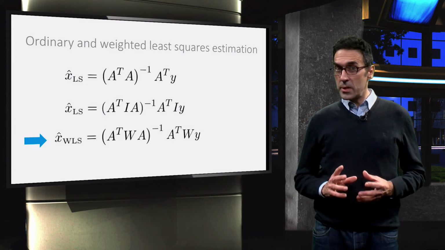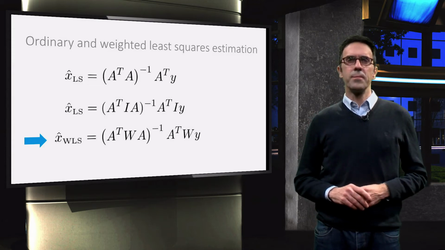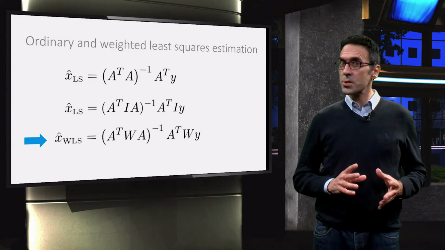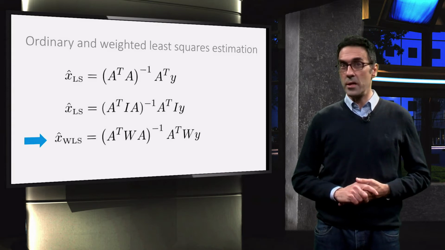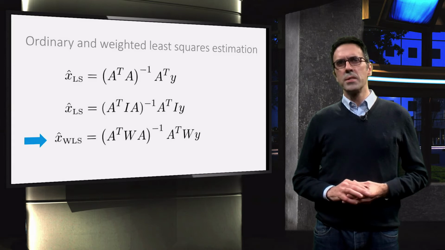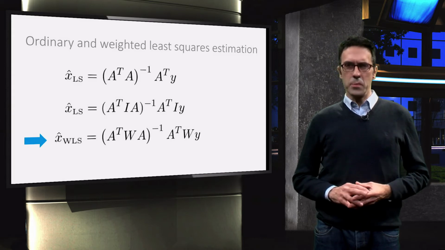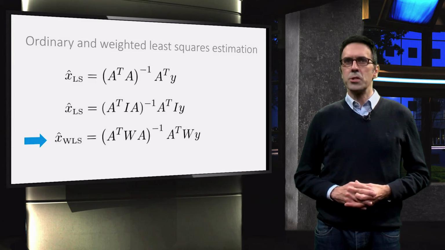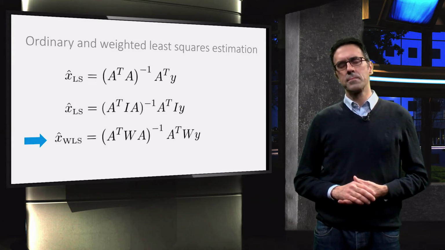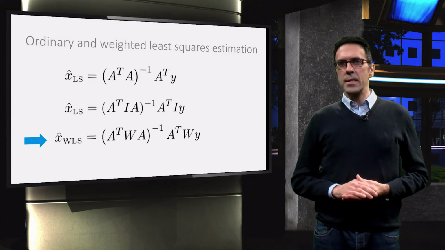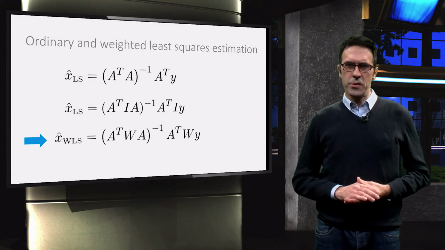But also the estimate x hat is not underlined, which implies that this vector also represents a specific set of values. In other words, we did not introduce any information on the actual quality of the observations, which could in principle be known beforehand.